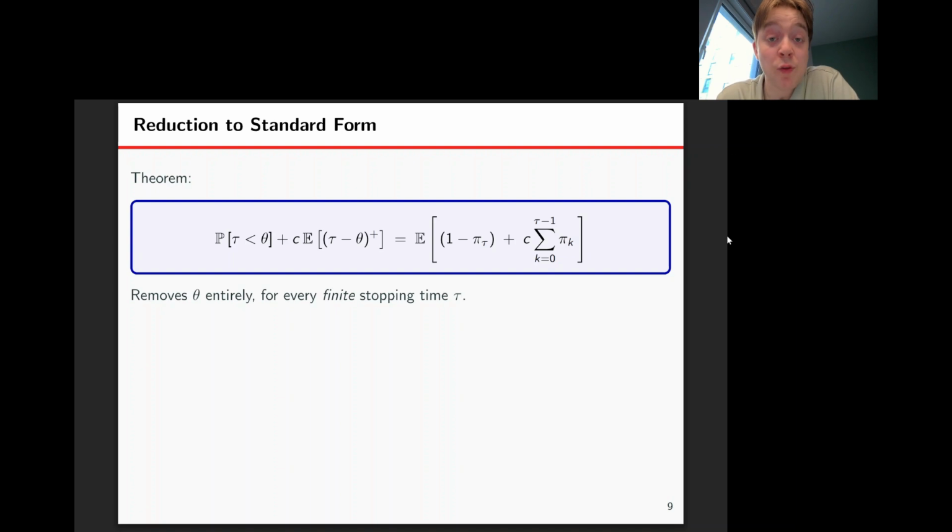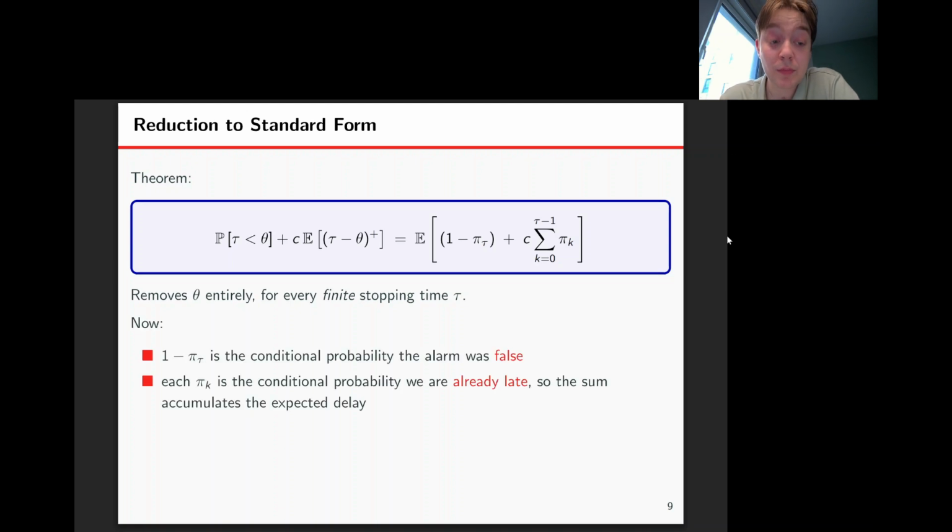The reduction to standard form theorem says we can manipulate this risk into something on the right-hand side, which namely removes the disorder time theta entirely for every finite stopping time, tau. We notice that 1 minus pi tau is the conditional probability that the alarm was false, and each pi k is the conditional probability that we are already late, so the disorder has already happened. So the sum of these accumulates this expected delay.